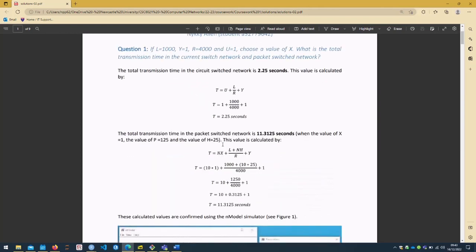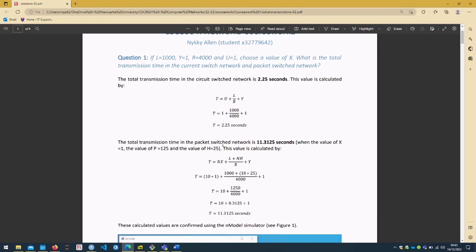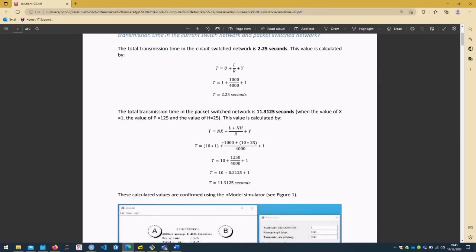And then you can choose any number for x. I think in this solution set they choose x equals 1, which is fairly large, as you know. So you get an absurd value for the total transmission time for the packet switch network.